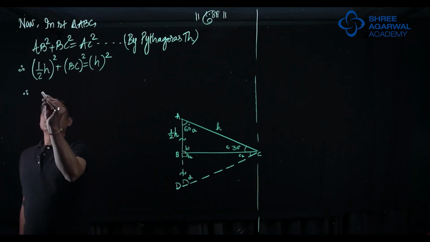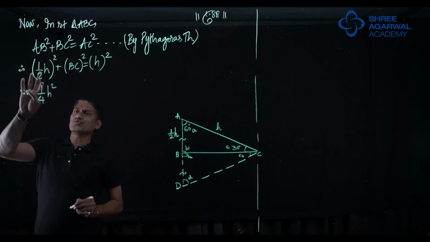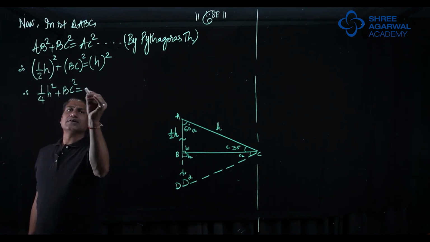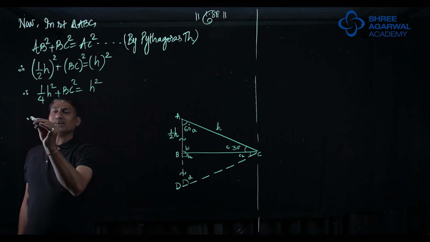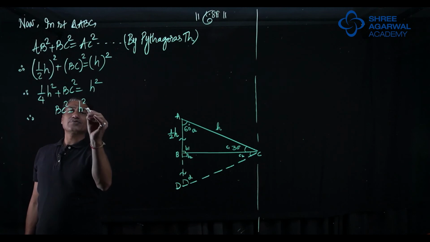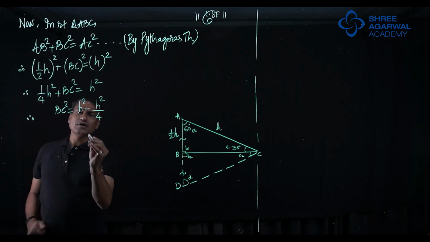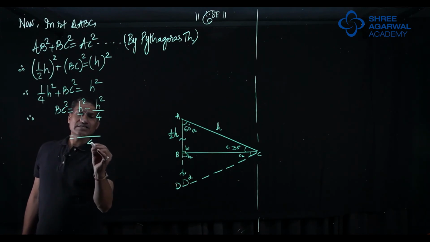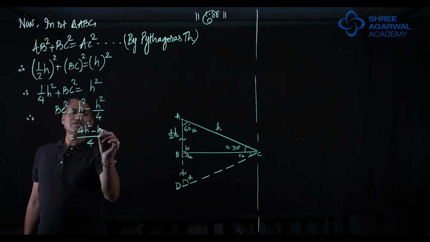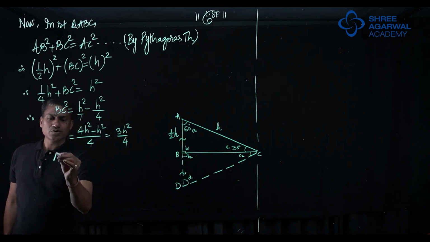Therefore, 1 upon 4 H square, 1 square 1, 2 square 4, H square plus BC square is equal to H square. Therefore, BC square is equal to, transfer this on this side, H square minus H square upon 4. H square is H square upon 1. The LCM will be 4. 4H square minus 1H square, which is 3H square upon 4.